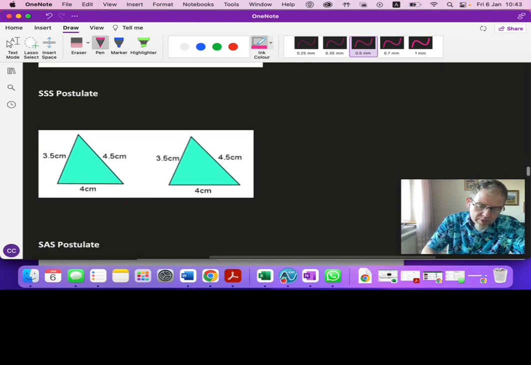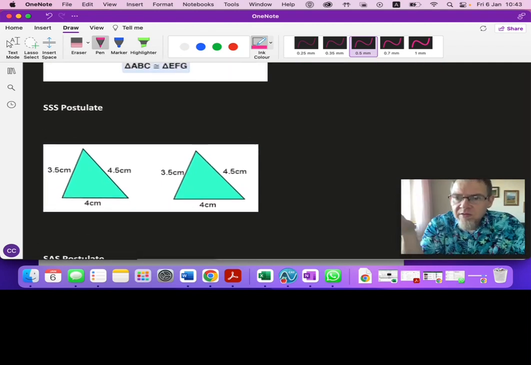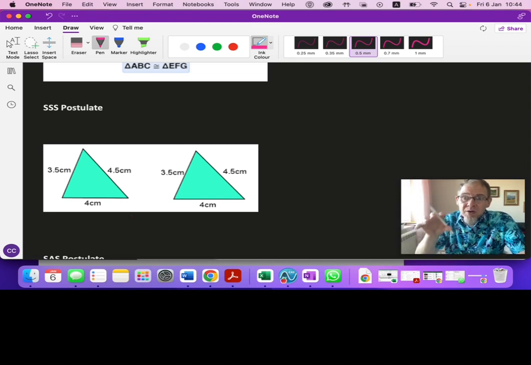Where we're going to go on to is the things that we need to know in order to prove a triangle is congruent. Somewhere before, I'm sure I've mentioned that triangles are rigid polygons. What that means is there are very specific traits about triangles that we can use to prove that they are congruent.